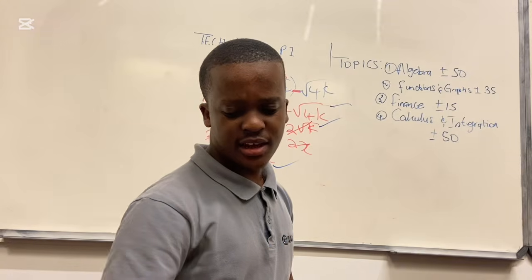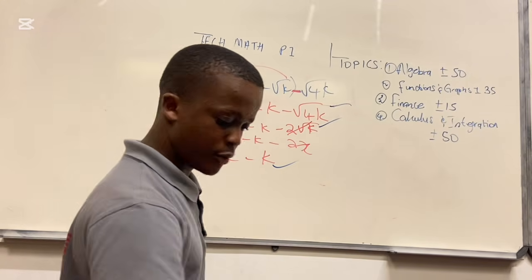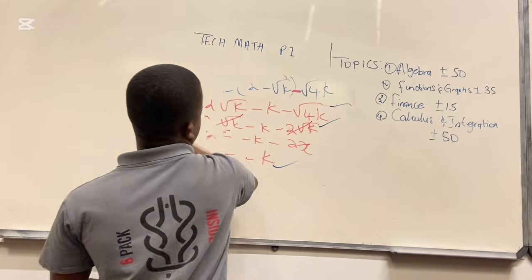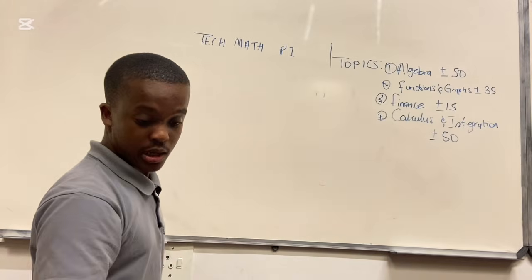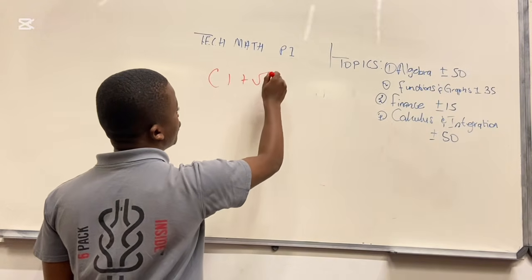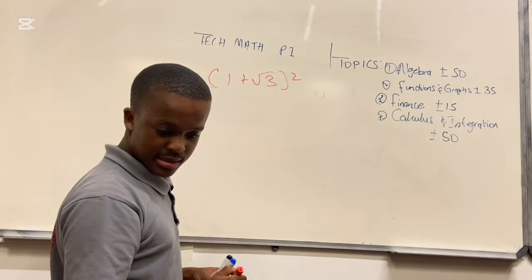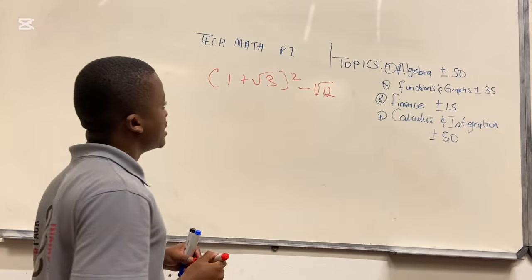All right. Then let's say they give you (1 plus square root of 3) squared minus square root of 12.